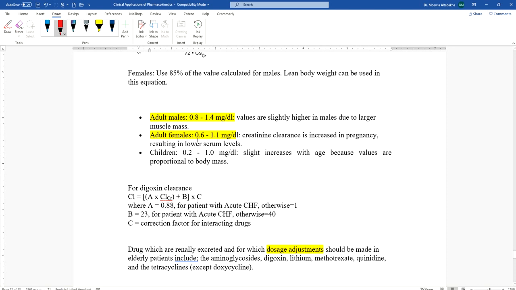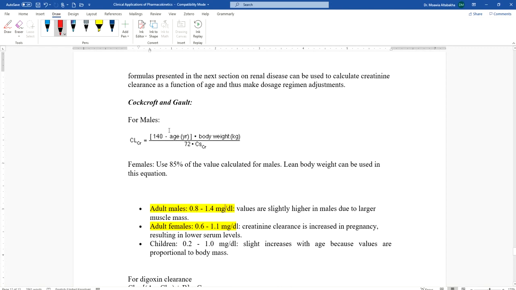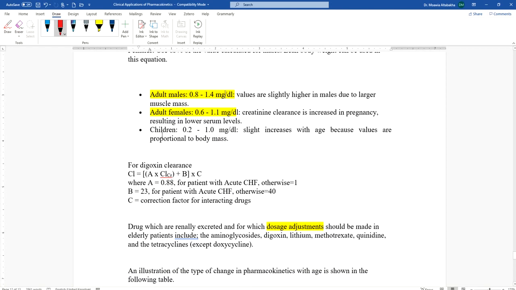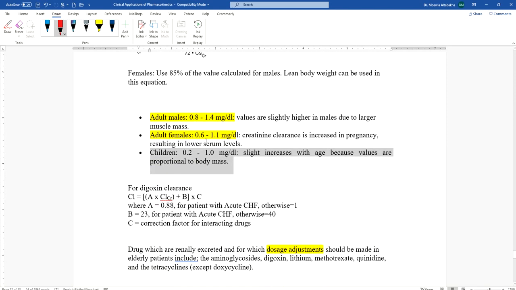For an adult female it's from 0.6 to 1.1 milligram per deciliter. For children, but again I do not use this in the Cockcroft and Gault equation, we expect between 0.2 to 1 milligram per deciliter. For the creatinine clearance for children they use another equation, not Cockcroft and Gault. Okay.